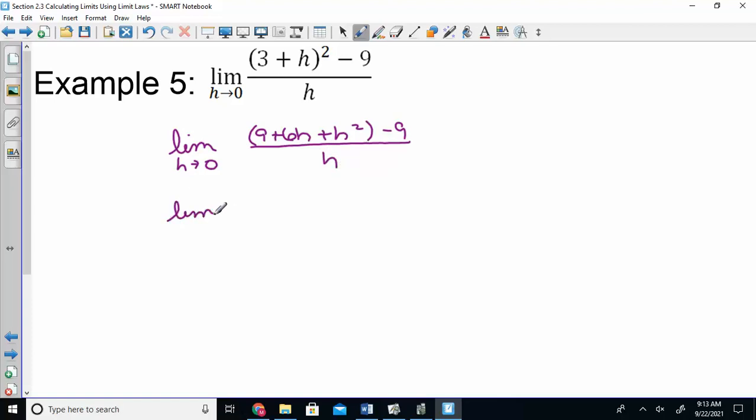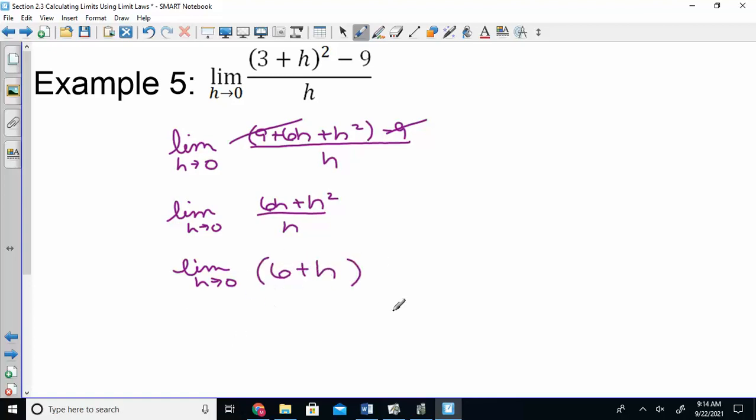And so then what happens? You guys have been working this out? Yes, the 9's cross off. So we're left with 6h plus h squared divided by h. So I'm still writing my limit as h approaches 0. So we have 6 plus h remaining.